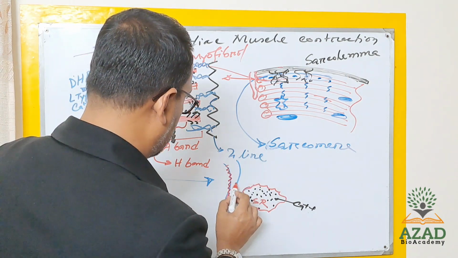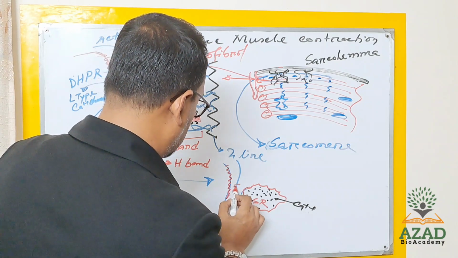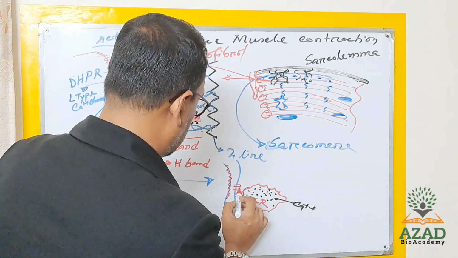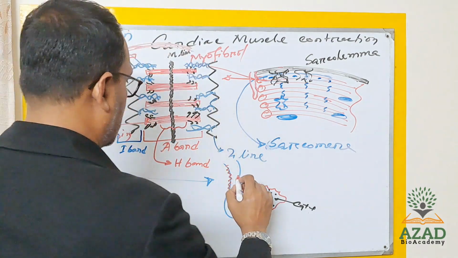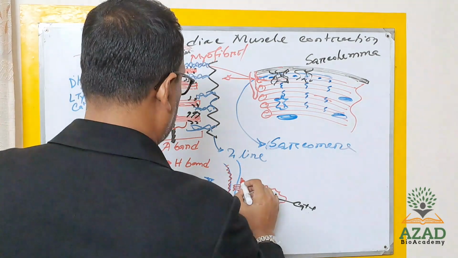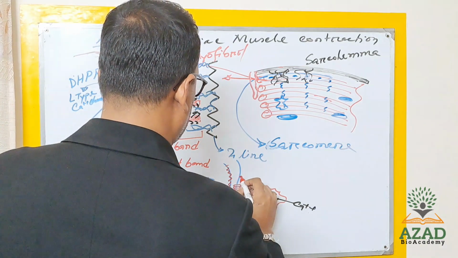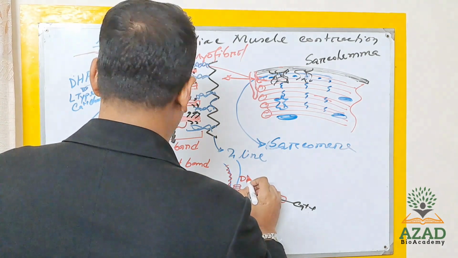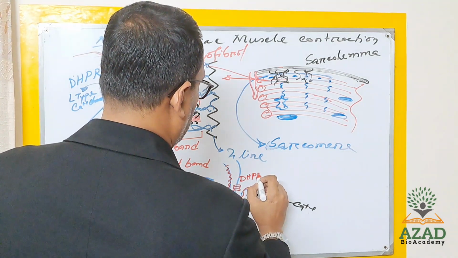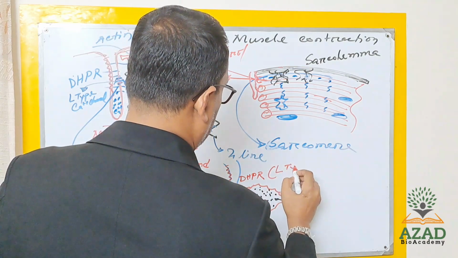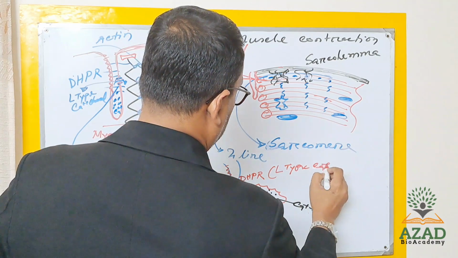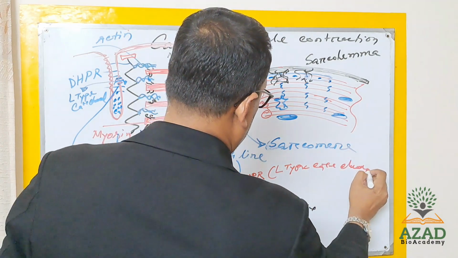T-tubule? There a special type of channel is present, which I already said is called the dihydropyridine receptor, that is the L-type calcium channel.